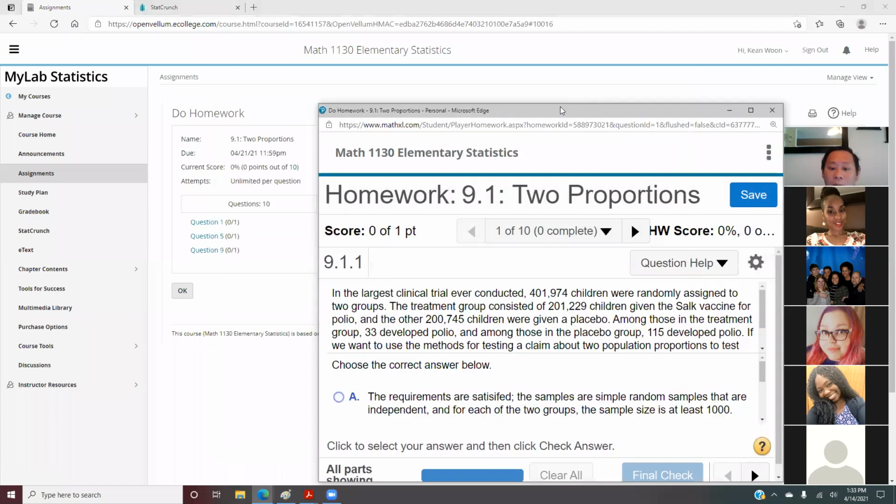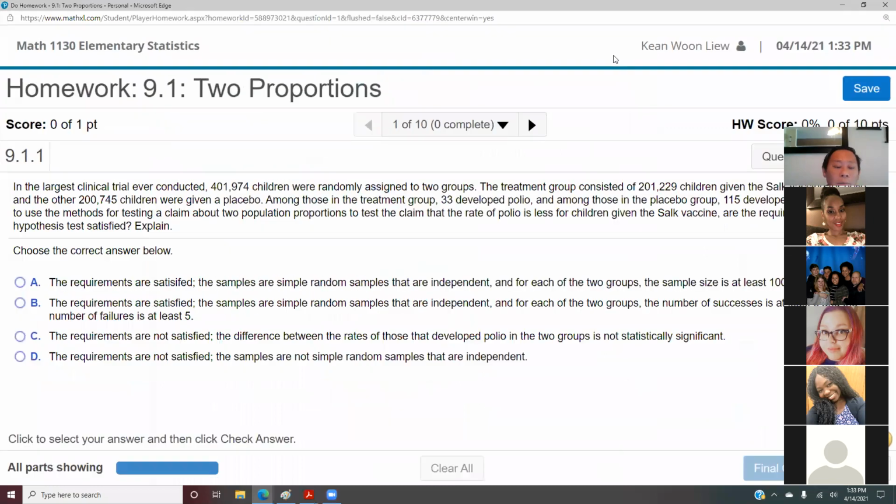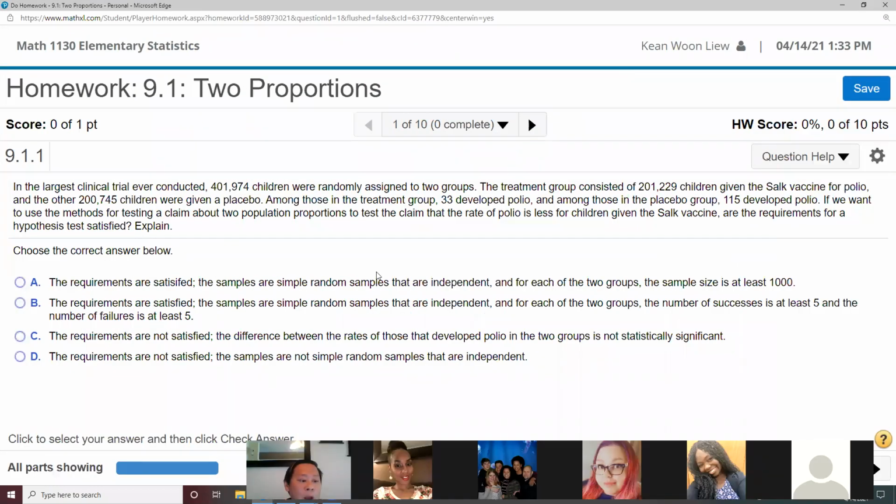Let's take a look at your homework. This is just asking for a requirement check, so you just need to read the requirements. There are two requirements: a simple random sample, and more than 5 successes and 5 failures. In a clinical trial, this many children are randomly assigned to two groups. One is given a vaccine for polio, and the other, almost half, is given a placebo.